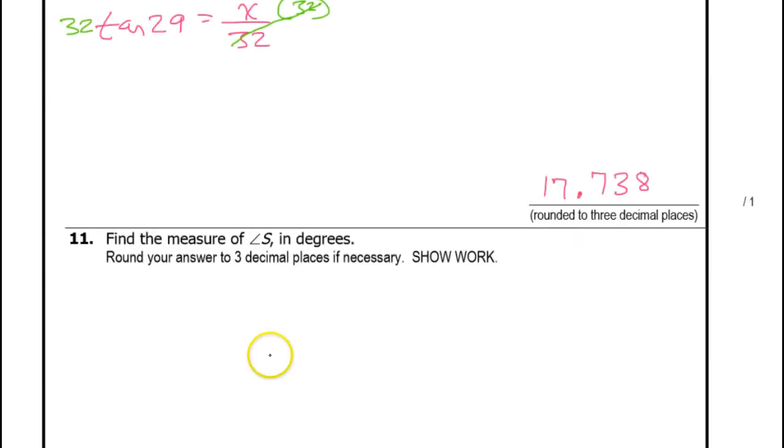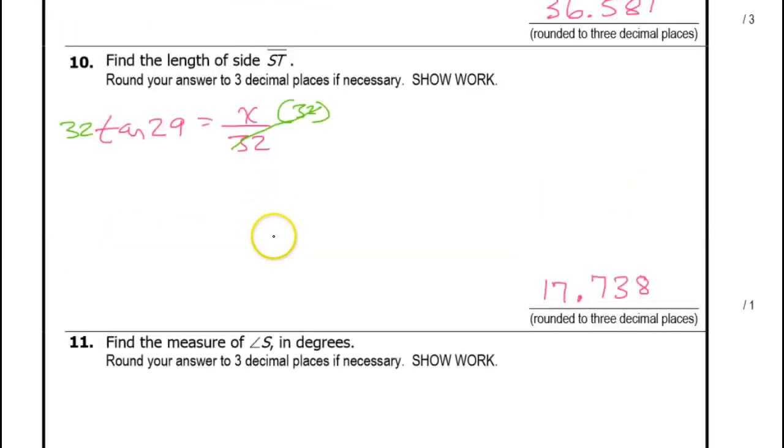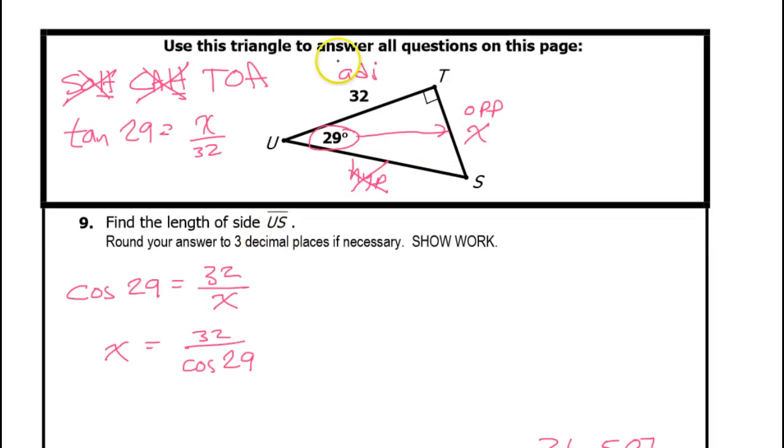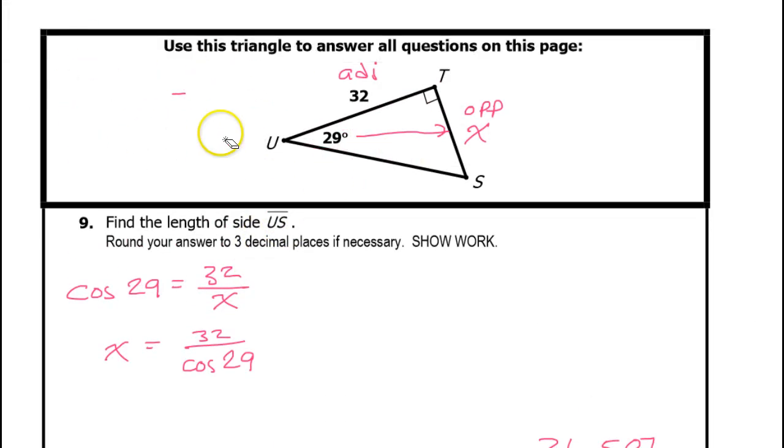For number 11, we are to find the measure of angle S. Well, this will not take very much work. We already have one angle given. So the other angle has to be complementary. These have to add up to 90.